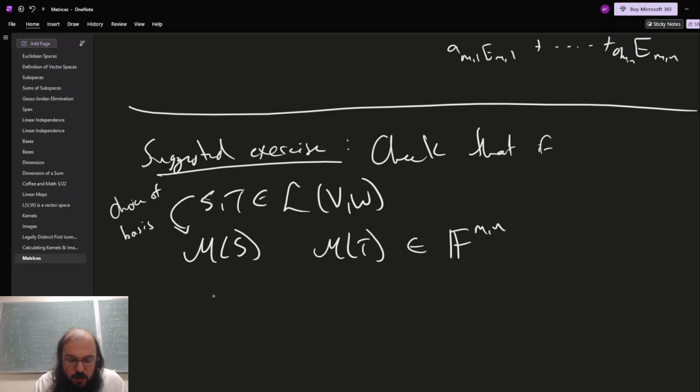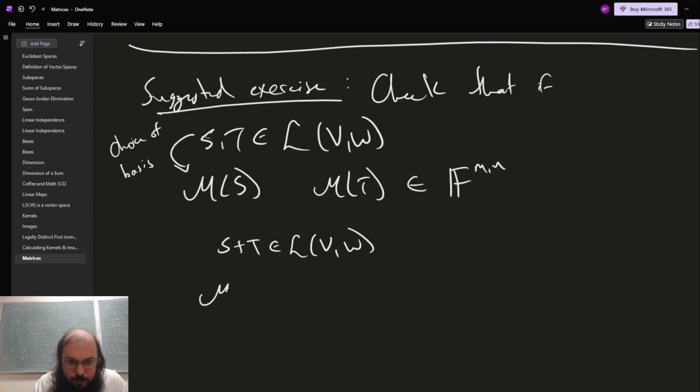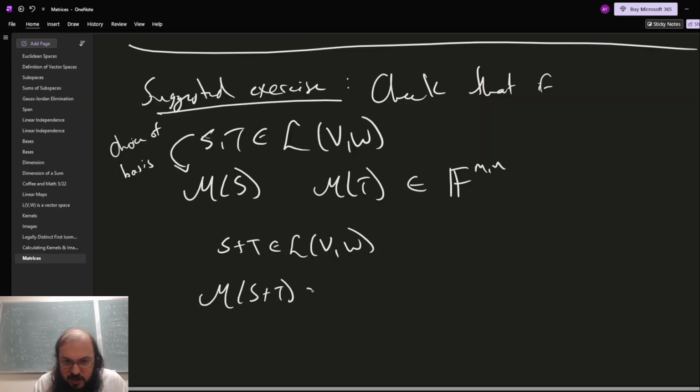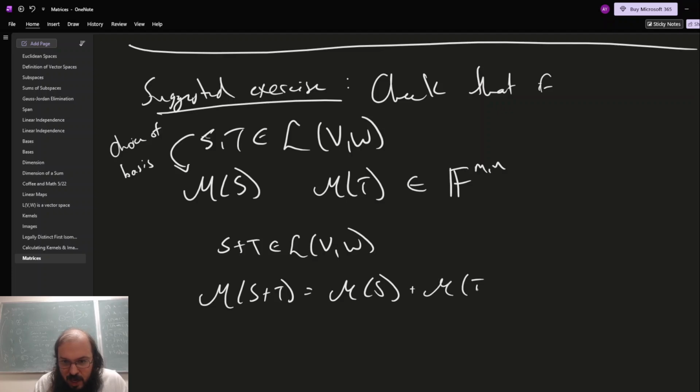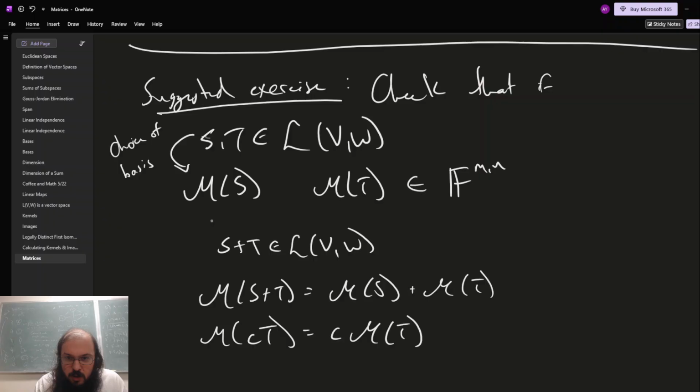In other words, for example, that S plus T in L(V,W), check that M(S+T) is equal to M(S) plus M(T). And similarly, that M(cT) is equal to cM(T).